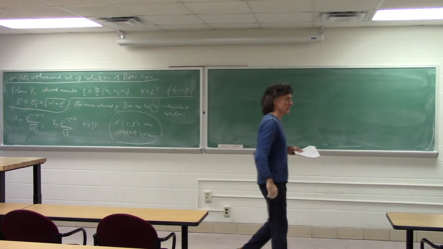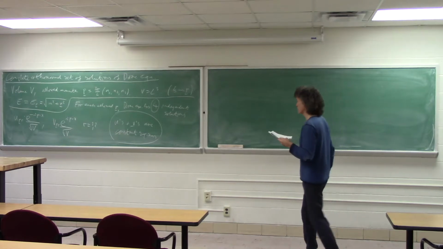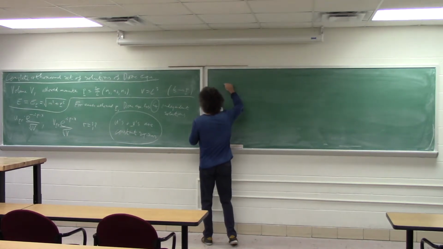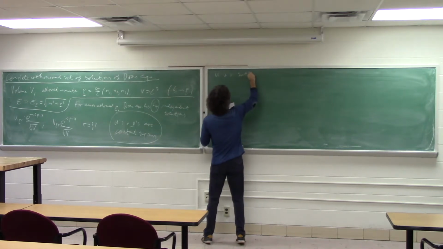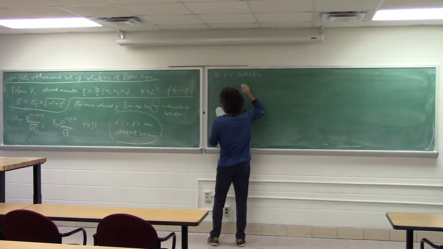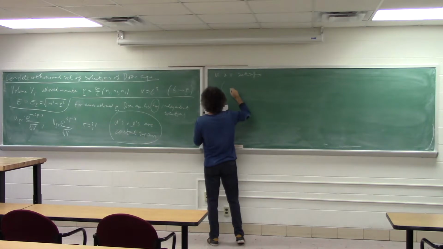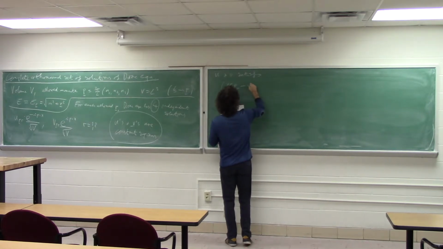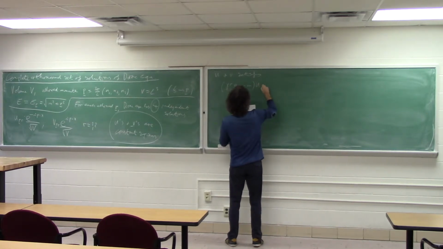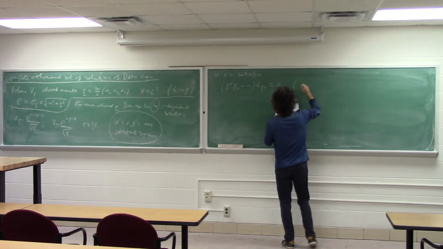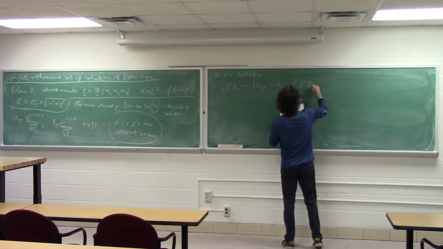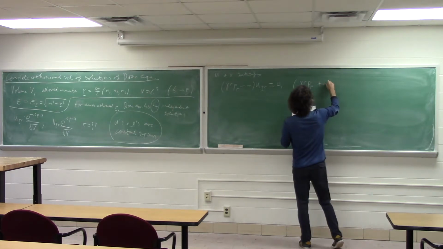They don't depend on position or time. And they satisfy the following: gamma mu p mu minus m, u_p^r is 0, and gamma mu p mu plus m, v_p^r is 0.